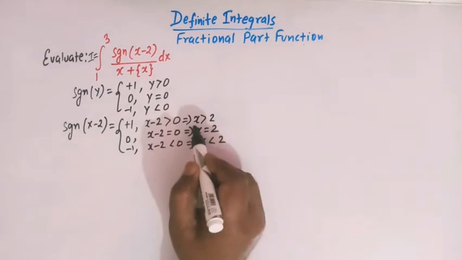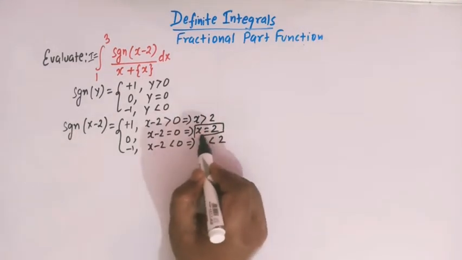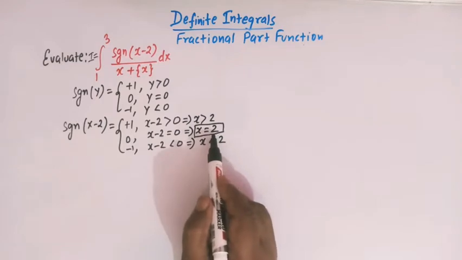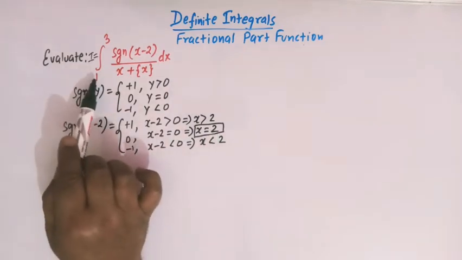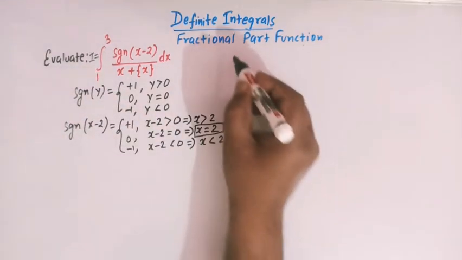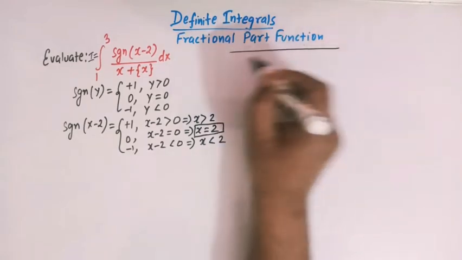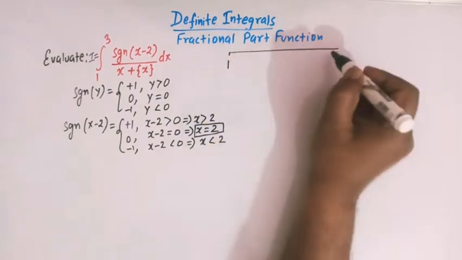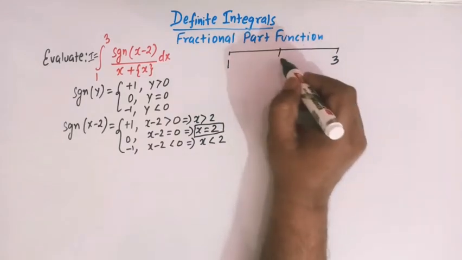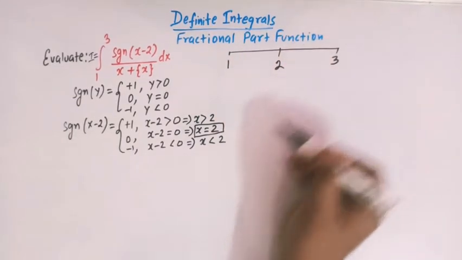Okay, so now let us concentrate on this value, that is x is equal to 2. If we look at this integral, the lower limit is 1 and the upper limit is 3, and between 1 and 3 we have the integer 2.